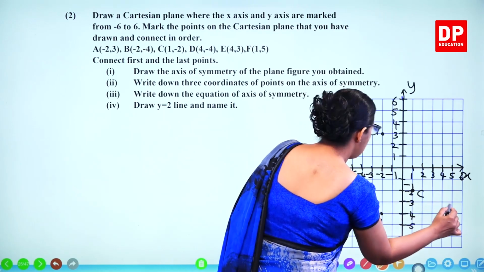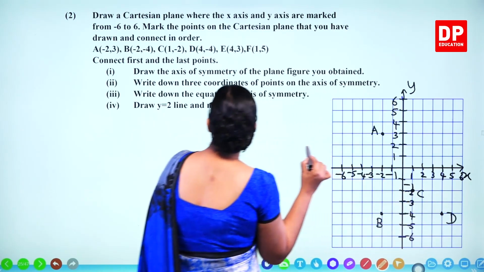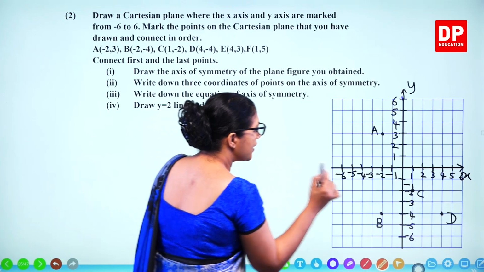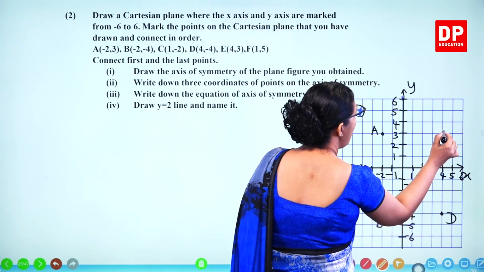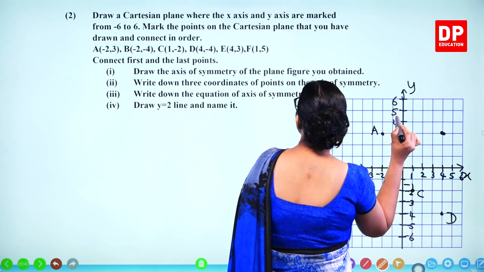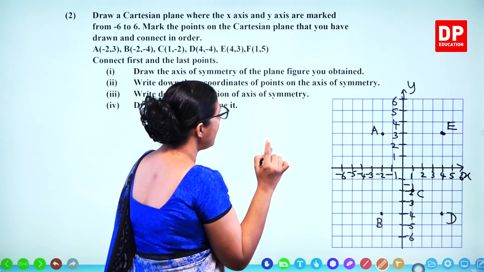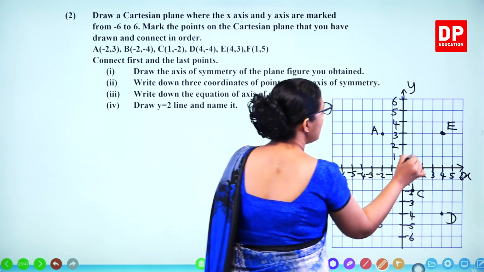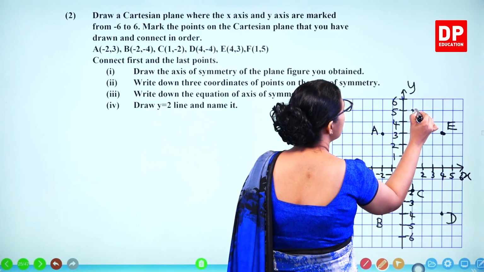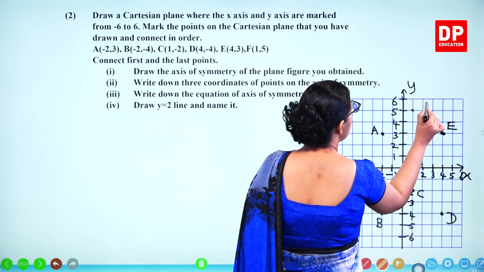That's D. 4, 3. 4 and this 3. E. And 1, 5. 1 with 5. That's F.